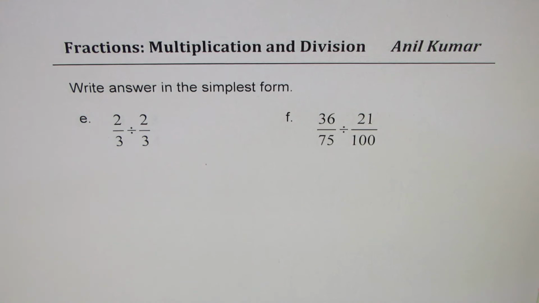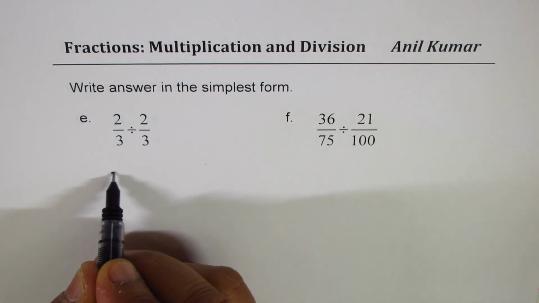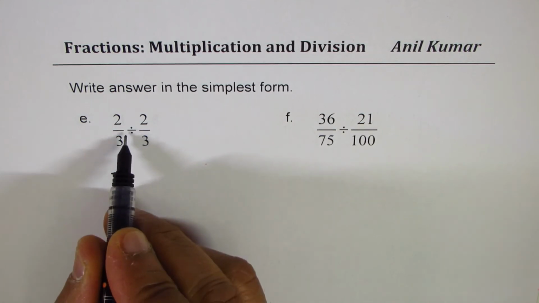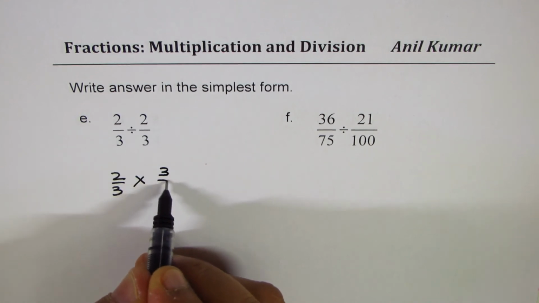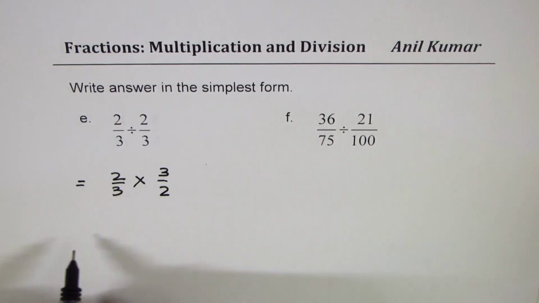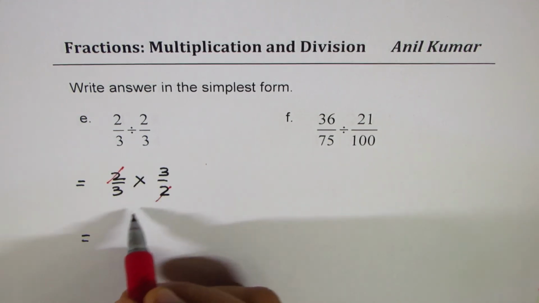Now, the last two for you to do. You can actually pause the video, do them yourself, and then look into my solution. That will help you. So what we have here is 2 over 3. Division should be written as multiplication of the reciprocal, 3 over 2. Well, this is very interesting. You will note that 2 and 2 cancel.